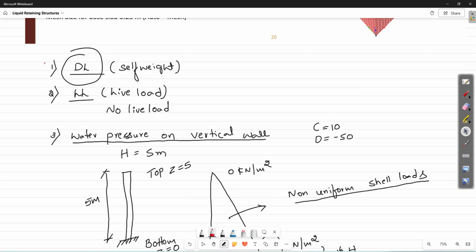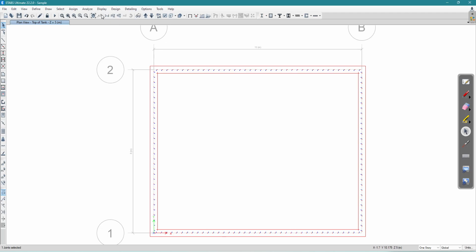So anyway, dead load will be calculated automatically by the software. So no top slab, so therefore no live load. So we need to assign this water pressure on vertical walls in ETABS software. So first you open your ETABS software.